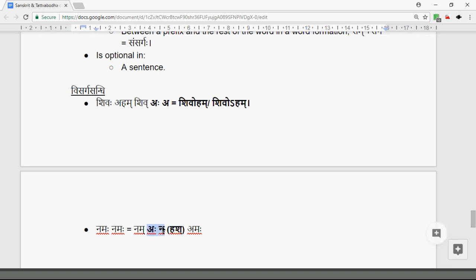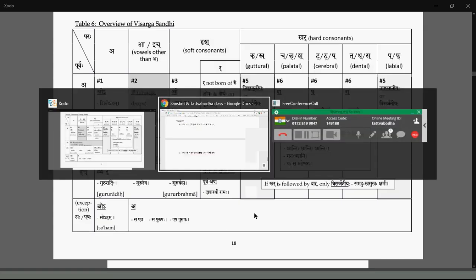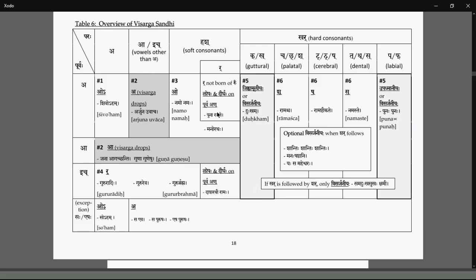Therefore, when Hush follows a Visarga which is preceded by an Akara, both this Akara and Visarga are replaced by Okara, and you will get Namo Namaha. So Namo Namaha Sandhi. If you remember one example, it is easier to remember the rule and recall it in some circumstances.